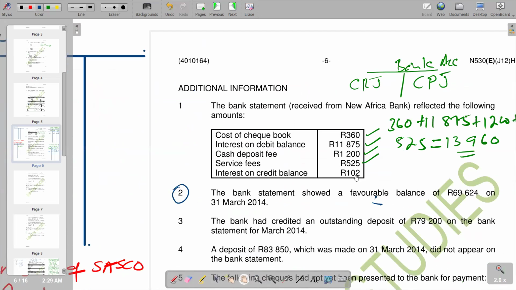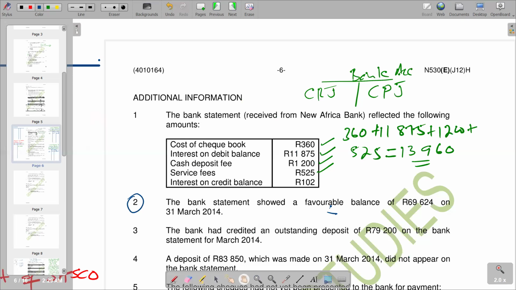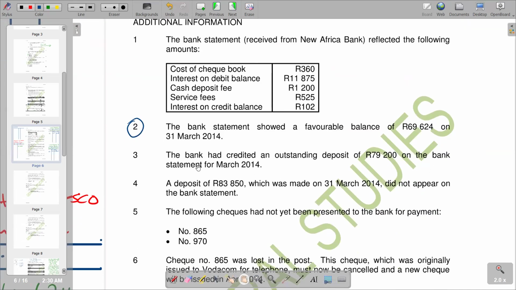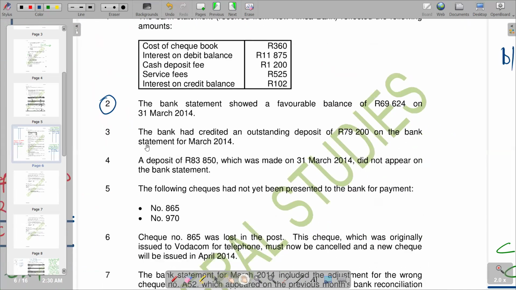So we can try to remove this so that we can create some space. So now on the next adjustment that we want to look at, remember we have already updated the opening balance of the bank reconciliation. So we can come here, item 3.